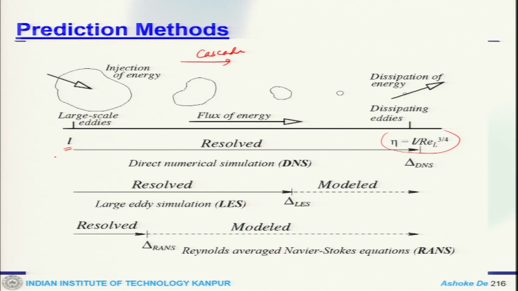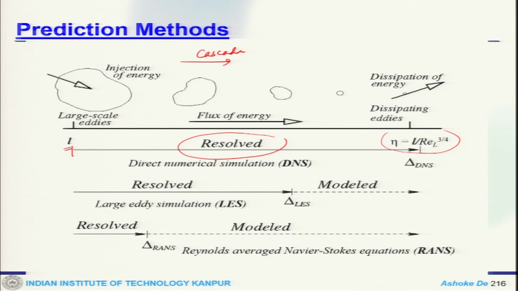Now, when somebody uses DNS, it resolves all the scales from the large scale to the small scale. That is why it is so expensive computationally, because these scales involve the Reynolds number, as we have already seen, and for large scale real life problems the Reynolds number is quite large.